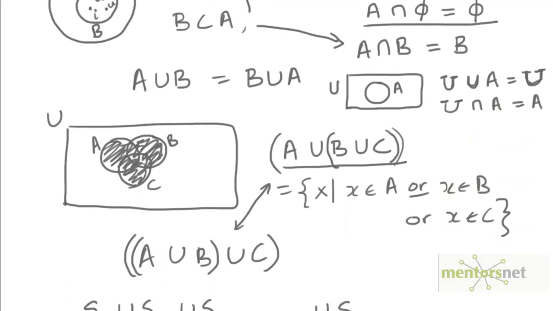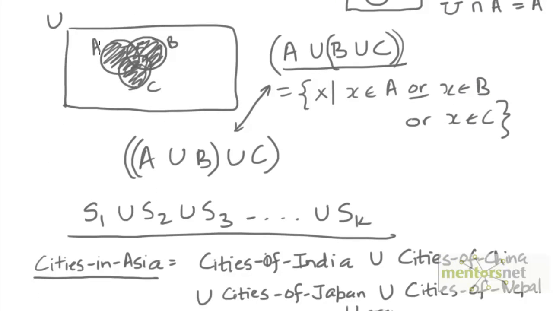And like the union operation, we could extend the intersection operation to multiple sets. So if we have three sets A, B and C, their intersection would be the set of all elements X that are common to A, B and C. So that would be the set of all elements that are present in the region which lies in A and which lies in B and which lies in C, which is this small region over here.